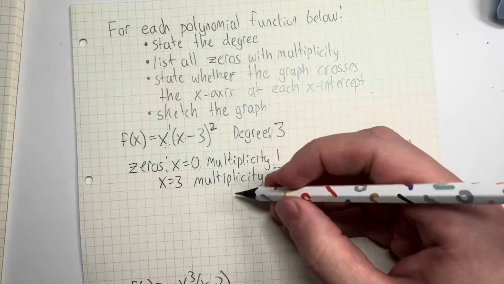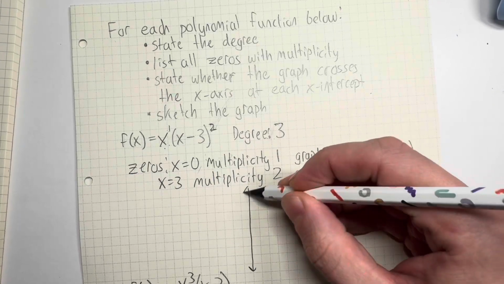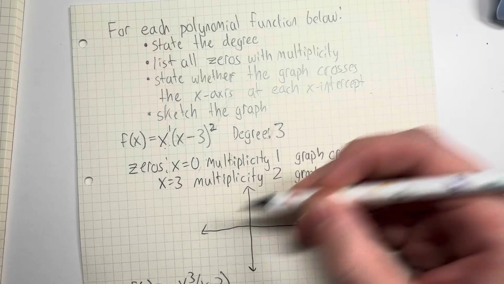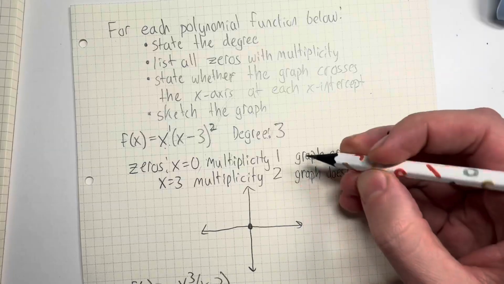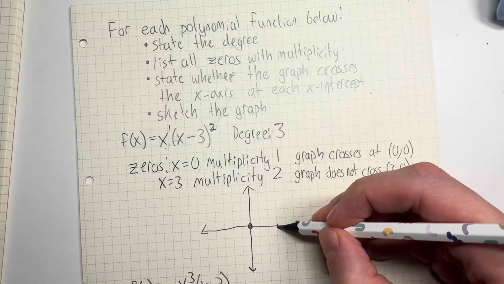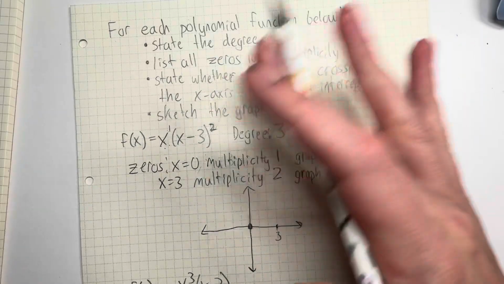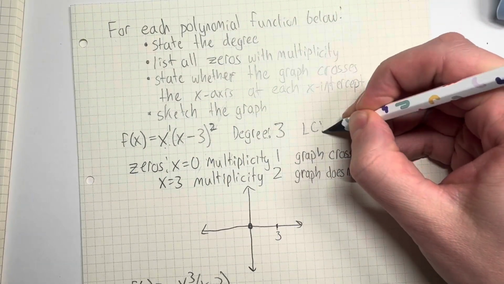Okay, let's sketch this graph. So what we're going to have here, quick sketch, y-axis, x-axis. Let's put the zeros. So we've got a 0 at literally x equals 0 and a 0 at x equals 3. Okay, now we're going to build from there. Building from there is based on the end behavior.